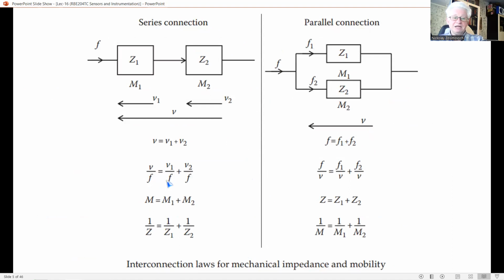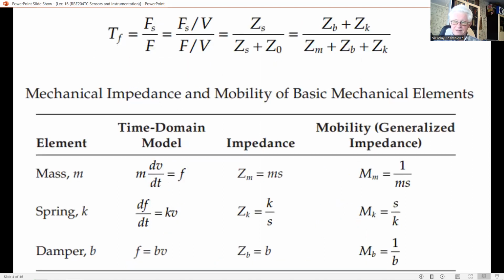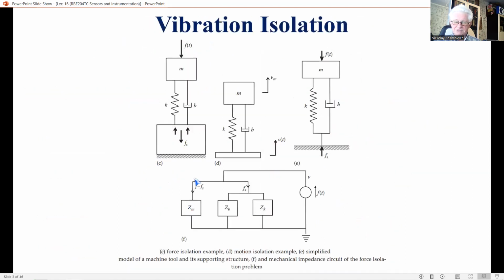Substitute the element impedances into the force transmissibility expression, which is obtained by using the laws of element interconnection shown in this slide, and the circuit in the previous figure F, as you can see on the bottom part.